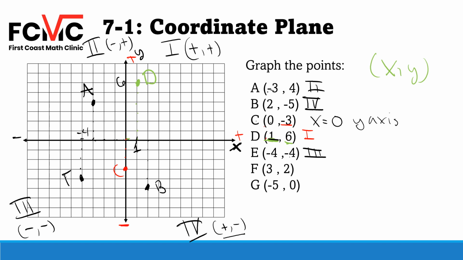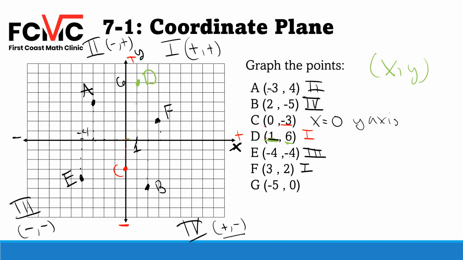So that's coordinate E. F is (3, 2), so that's positive, positive. So we're going to be in quadrant 1. So I'm going to go on the x-axis over 3, 1, 2, 3, and then up 2, 1, 2. So F is going to be right here.